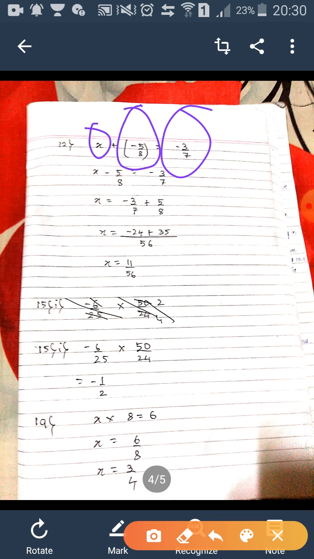So we will take it one at a time. We will insert the first rational number, which is, we will add these two, minus 5 plus 8, and we will divide it by 2. The answer is 1.5.